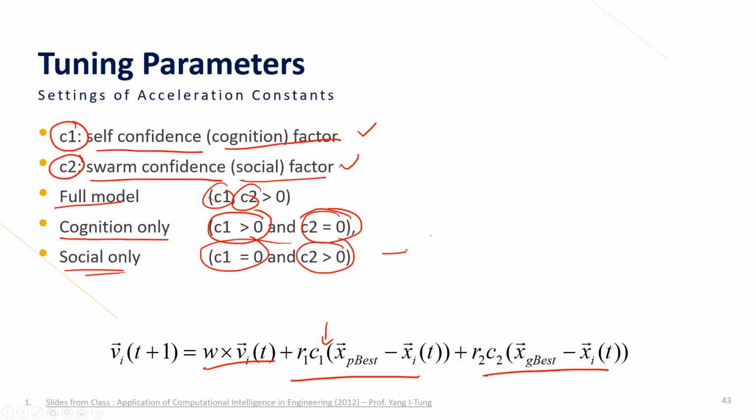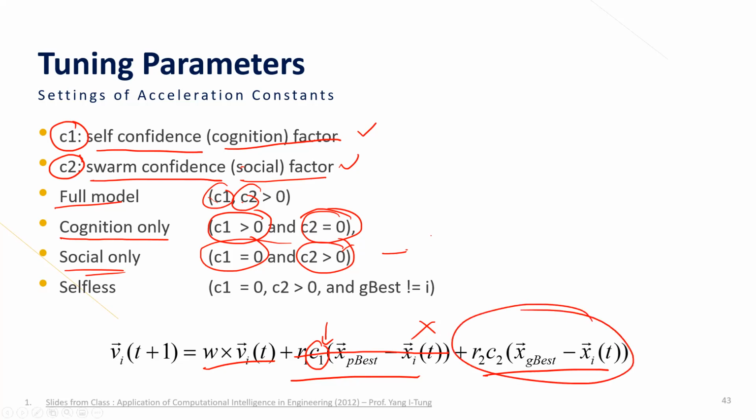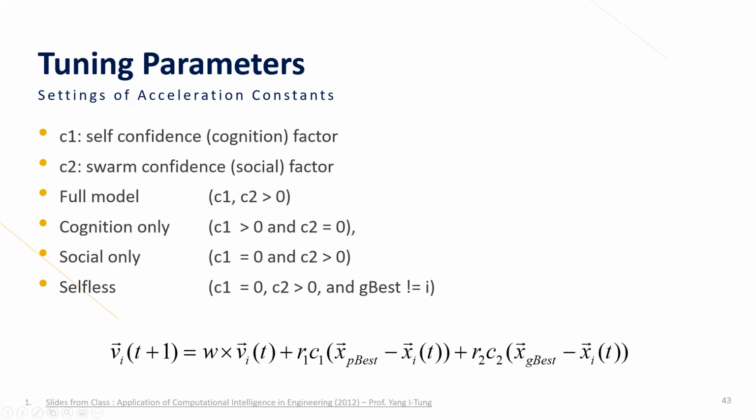It's just the opposite. How does this affect things? When you put C1 at 0, that term is 0, so when you consider social only, the cognition term is neglected, because whatever you multiply by 0 is neglected. So you just consider the social part, and the other way around.